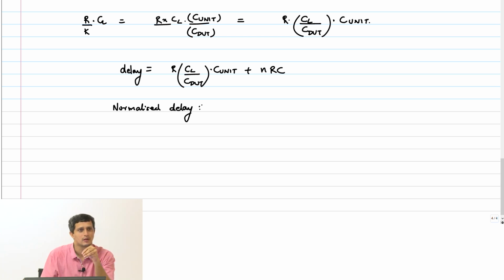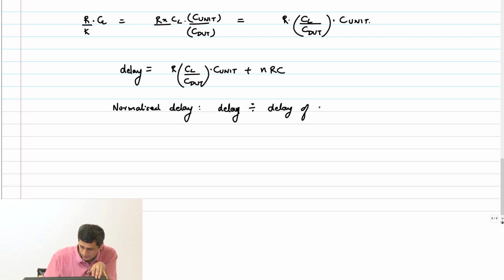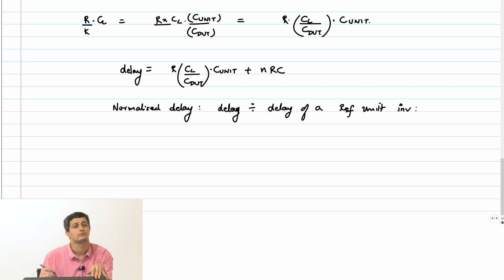So that's why we are going to normalize all the delays to the delay of the inverter. Okay, normalized delay is delay divided by delay of a reference unit inverter.